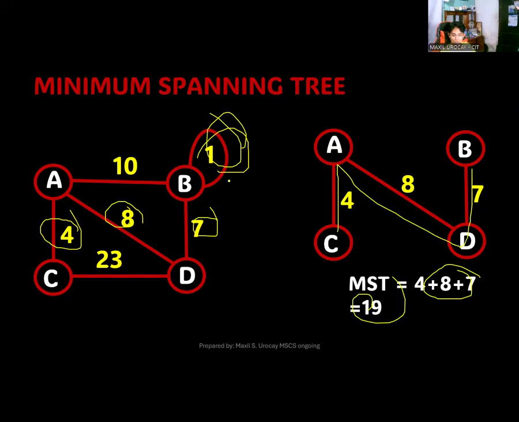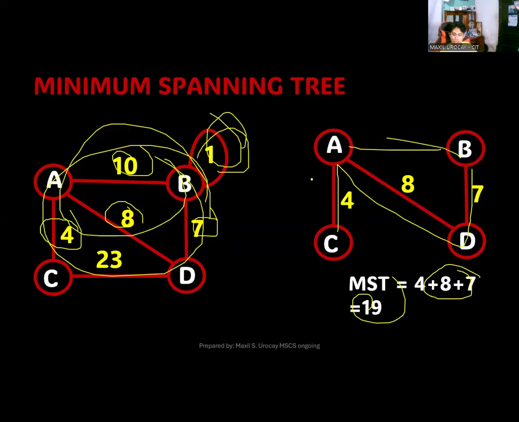So that is your minimum spanning tree in this particular graph, because you cannot choose 10 since it will form a cycle, and that is greater than the other values right here. But this is not following any principles or types of spanning tree methods yet, because we can apply minimum spanning tree using Prim's algorithm and Kruskal's algorithm.